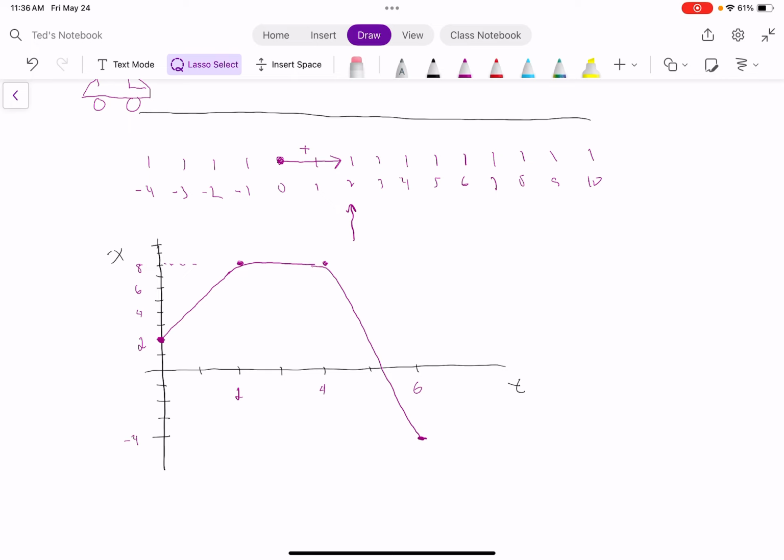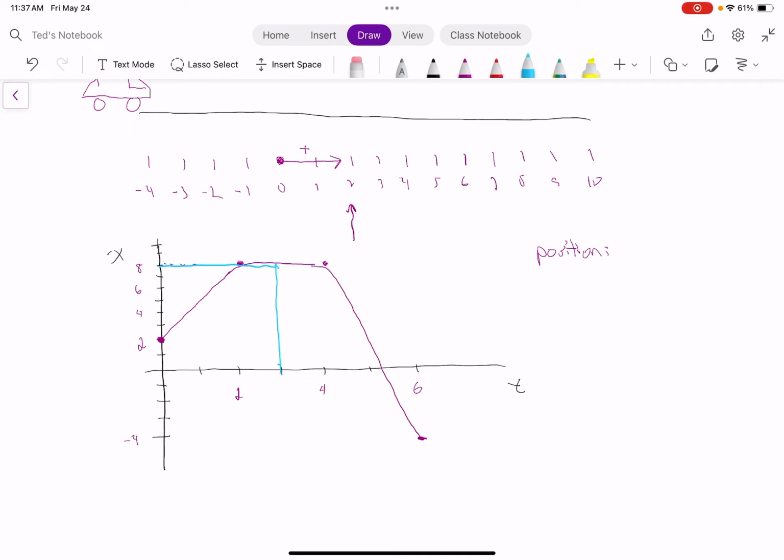So for example, we can look at a graph to find the position of the object at any particular moment in time. For example, what was the position at 3 seconds? Well, to find the position at 3 seconds, we will start at 3 seconds. We'll come up to the graph, and we'll see that it was at 8 meters.